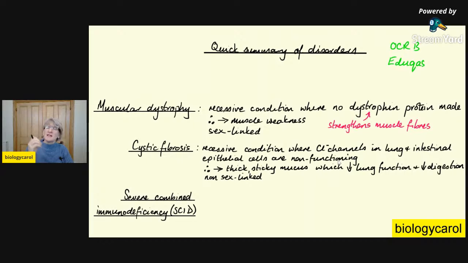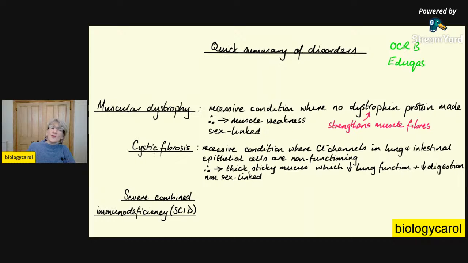Now, the issue is the thick and sticky mucus in the trachea and in the bronchioles causes the cilia to be unable to function, and therefore the mucus can't be wafted up the trachea and got rid of. As a result, this hugely decreases lung function and it hugely decreases digestion.